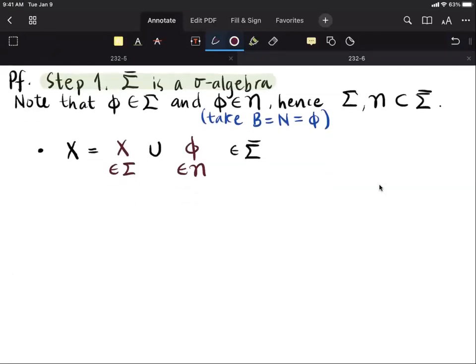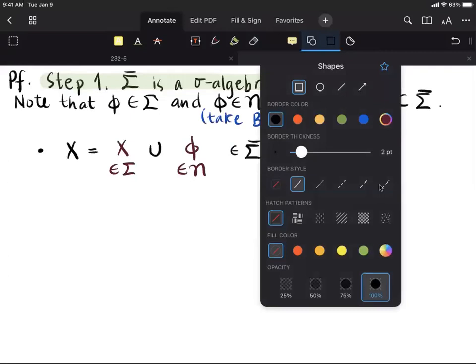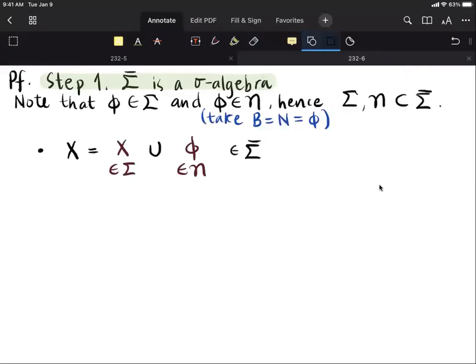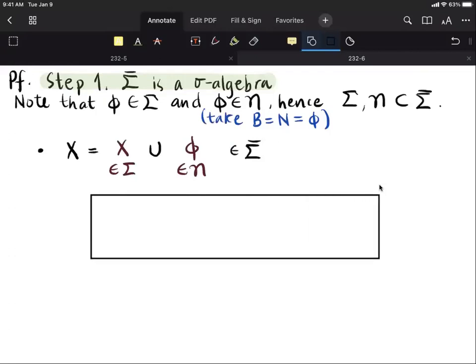So here let us consider the following assumption, and since this will be utilized in several parts, let us highlight that one.